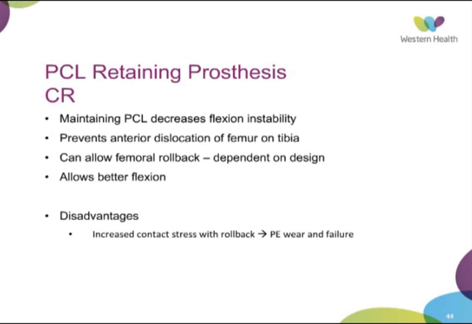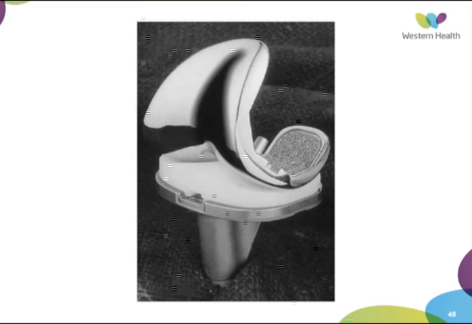And they can allow femoral rollback. We've discussed that femoral rollback does exist with PCL alone, and it allows better flexion. The disadvantages, as we've discussed, if there is rollback, it increases the contact stress. And again, just showing a straightforward cruciate retaining implant.